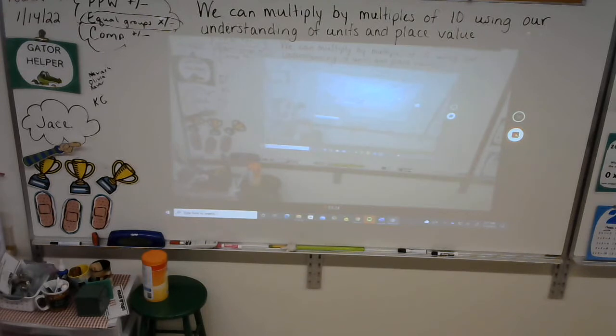Our units can be ones, they can be tens, they can be hundreds, they can be flowers, they can be books, they can be desks, they can be girls, they can be boys, they can be donuts. Our units can be just about anything, okay? It's what we're counting when we multiply.